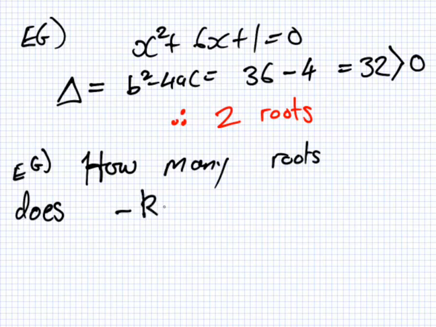So here you say, therefore, it has 2 roots. That's just the basic idea. We're not trying to find the roots, we just want to know how many roots there are.